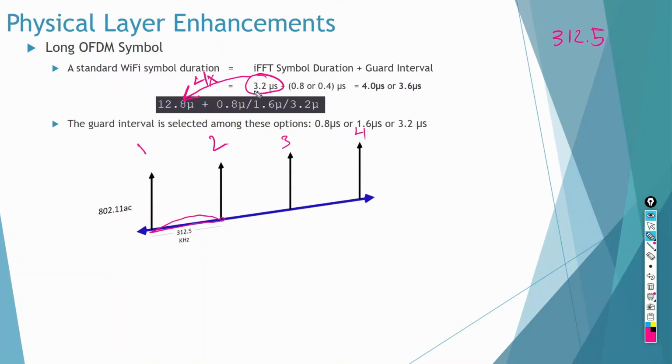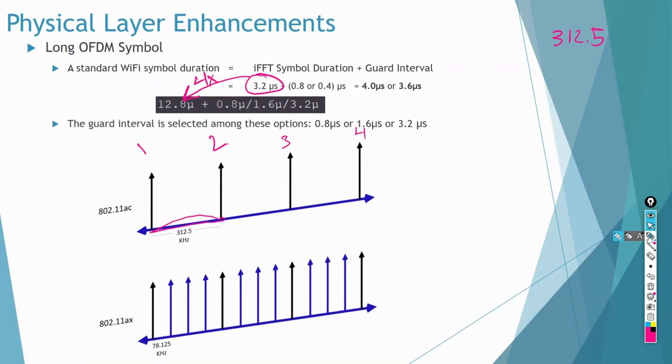So now going into 11AX, the subcarrier spacing actually has changed. Why? It has been changed from this number to this number.